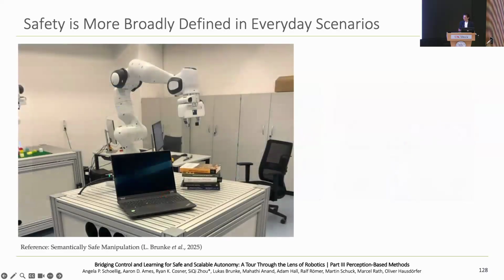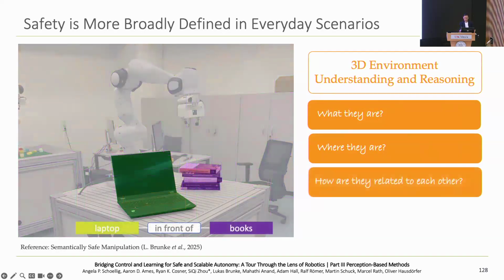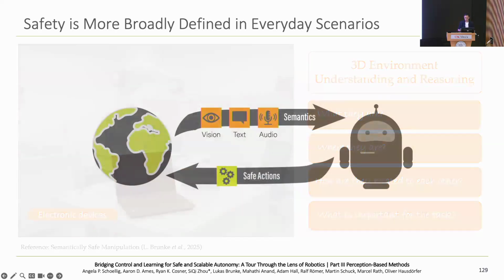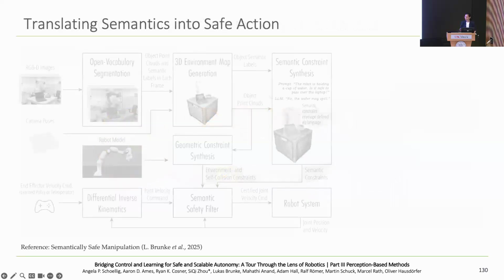With the models I briefly introduced earlier, robots are increasingly capable of understanding semantics, knowing where they are, understanding how things relate to each other, and knowing which part of the environment is relevant for the task at hand. So the next step is trying to bridge the semantic understanding and translate this into safe action. And there are many ways of doing this.